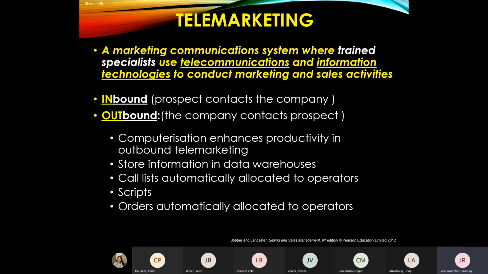Usually there are websites that people can access as well, but often the choice is provided, and the phone number that the prospect will react to would be the one that's in that information, and that's a form of inbound telemarketing, whereas outbound is exactly what it says.